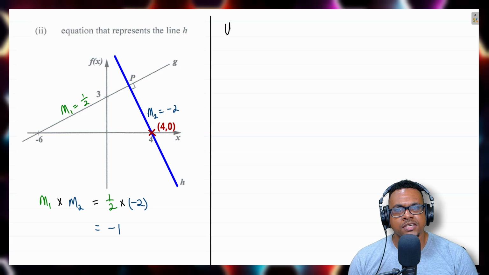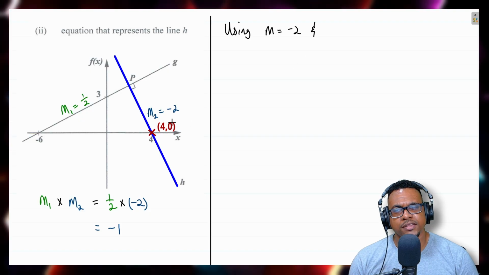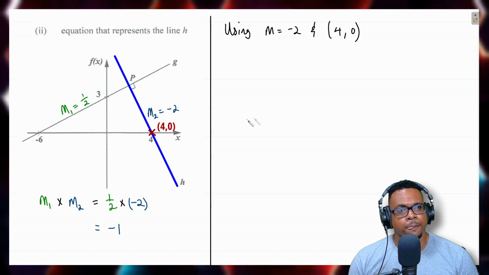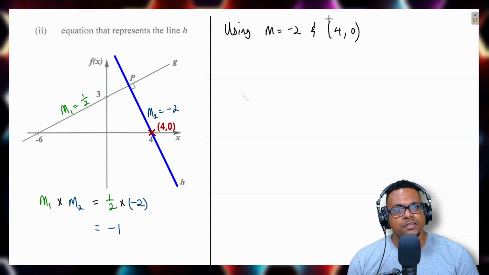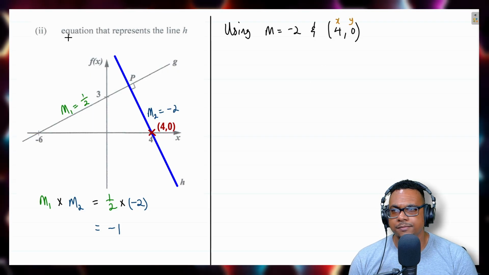So I'm going to put using m is equal to negative 2 and the point the line passing through, which is 4 on the x and 0 on the y, which is the x-intercept of the graph. Now remember, this could be any point that the line passing through. So now this is my x part of the coordinate and this is my y part of the coordinate.